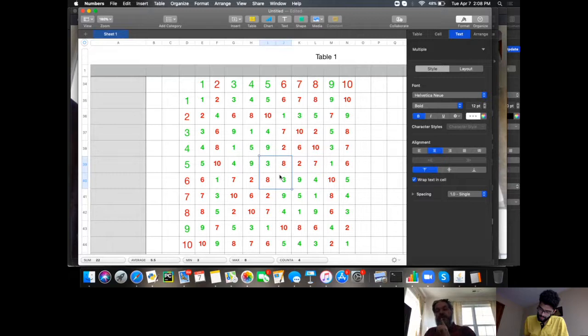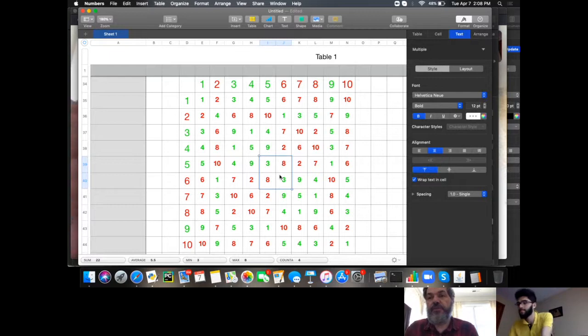And the second remark: what happens with our diagonals? There are two diagonals in this square. The first diagonal, the main diagonal, is green just by design, because we took all these numbers on this diagonal and we made them green.